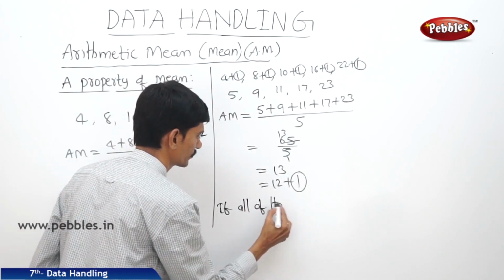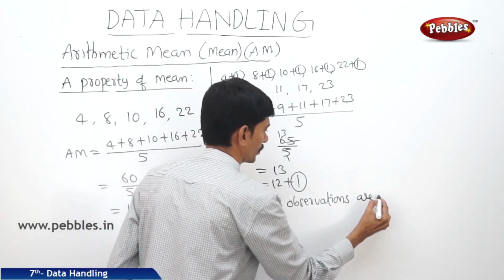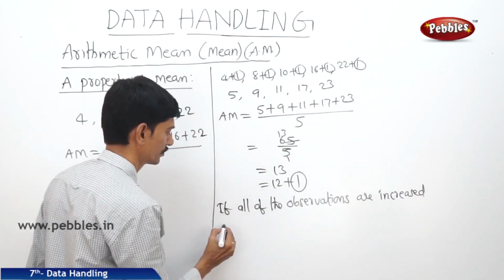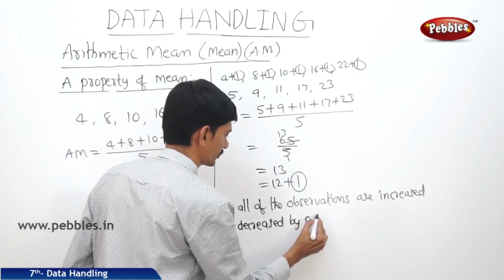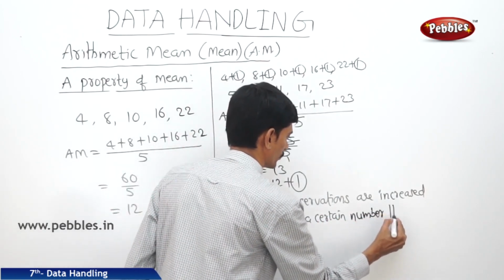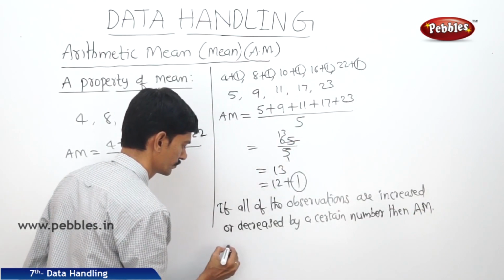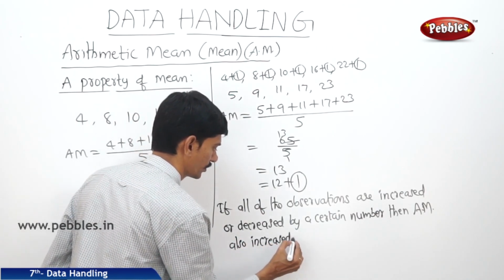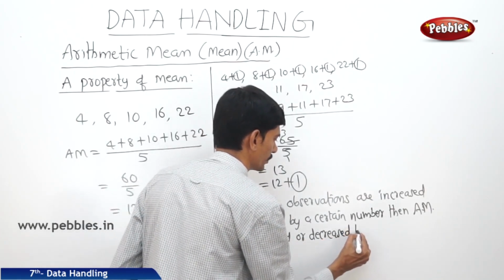of the observations are increased or decreased by a certain number, then AM also increased or decreased by the same number.